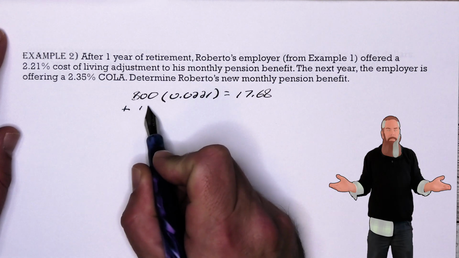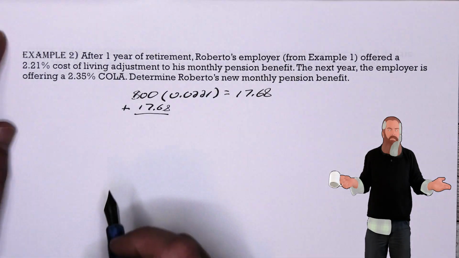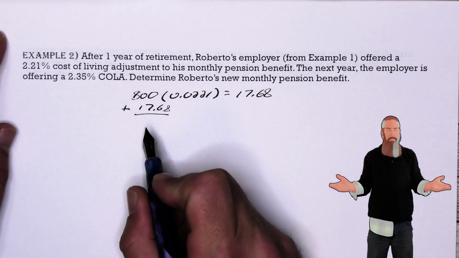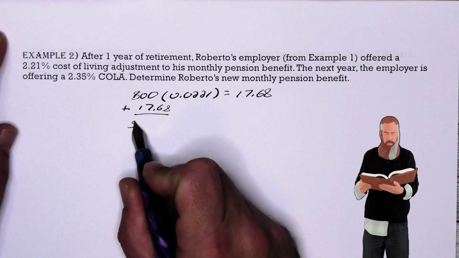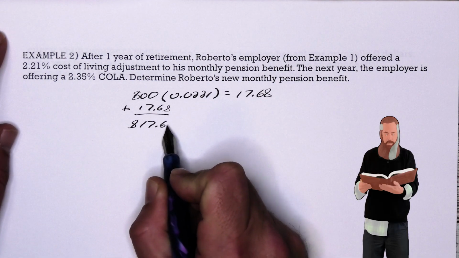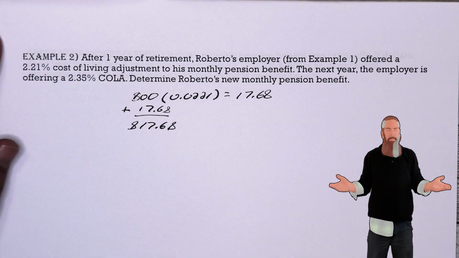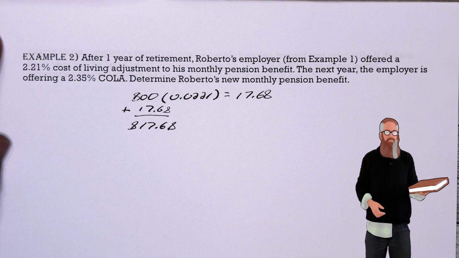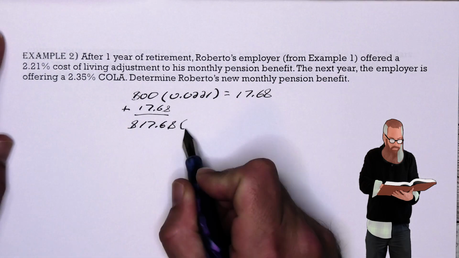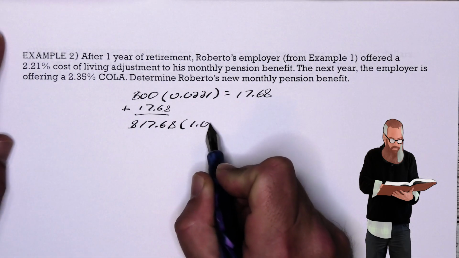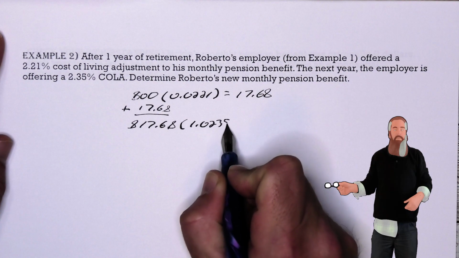Add that to the $800, and his new monthly pension benefit after 1 year is $817.68. To calculate the latest monthly benefit with 2.35% COLA, multiply by 1.0235.